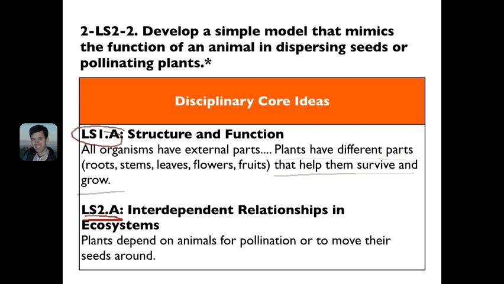You can see this 2 here corresponds to this 2 right here, because this performance expectation is trying to build upon LS1.A and go into the idea of interdependent relationships in ecosystems, where plants depend on animals for pollination. So that's where we're going. Nowhere in here does it require students to understand this vocabulary. They're going to be developing a model. They might need that language as they go along too.